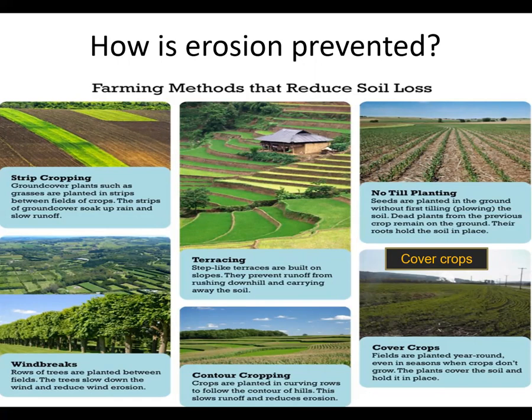Some farmers use cover crops that they can harvest too. So it's a double purpose thing. Like you can plant peanuts, you can plant alfalfa and many other types of herbs and shrubs that can cover the soil, and at the same time you can harvest them after a few months.